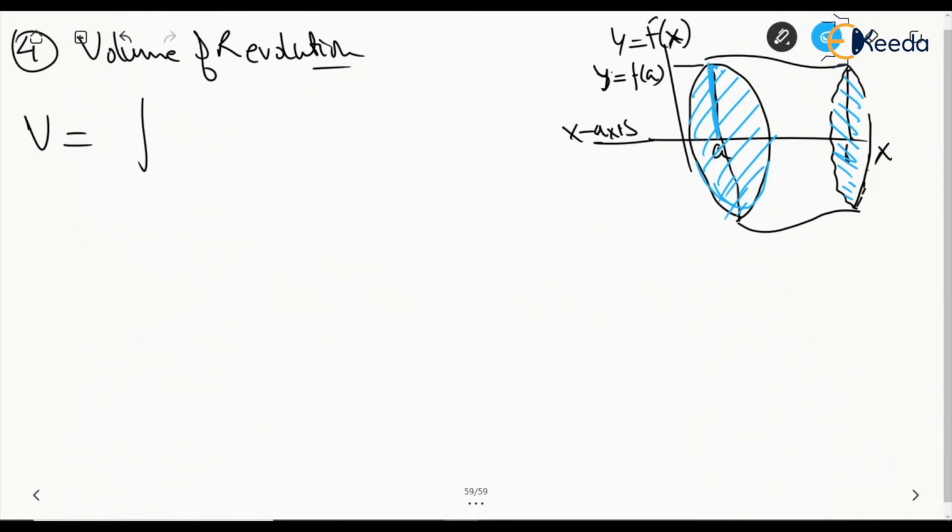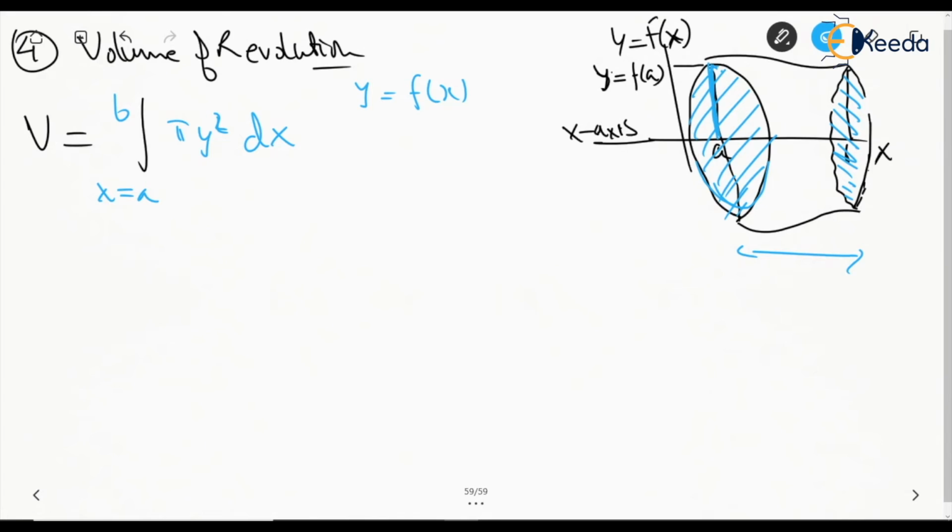So this will be pi y square, and then we should integrate it for dx so that we can get the volume for x is equal to, let's say, a to b. So this will give you the volume, and we can say that y was probably f of x, right? This is possible.